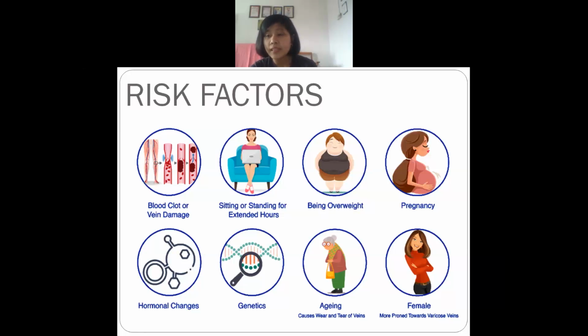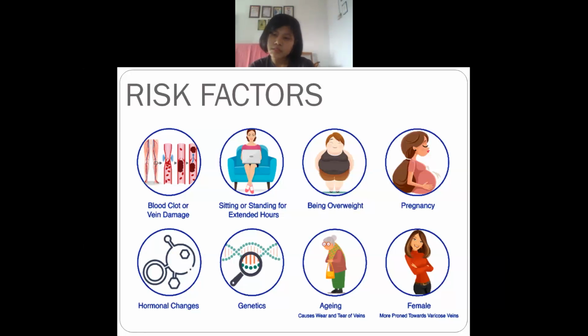And next, if a person sits or stands or lies down in one particular place for too long, then the person will be at risk of having this varicose vein.